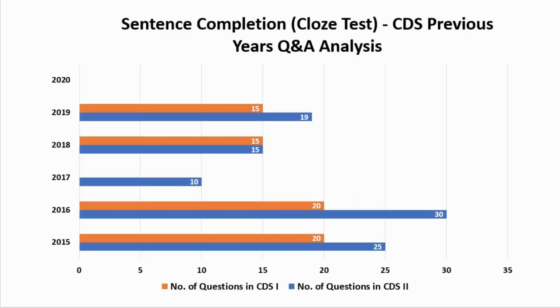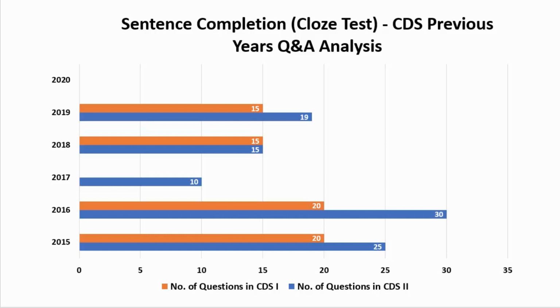And cloze test, for cloze test, the number of questions that came for 2020 CDS 1 was 0. Okay, no question came, right? In 2019, 15 questions came in CDS 1. In 2019 CDS 2, only 19 questions came.